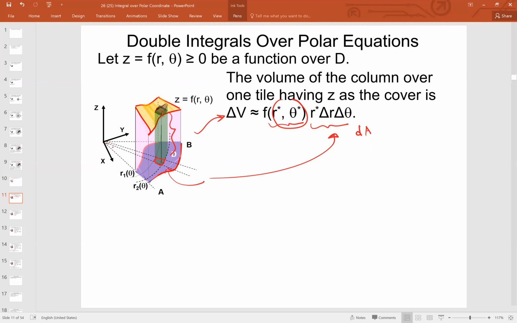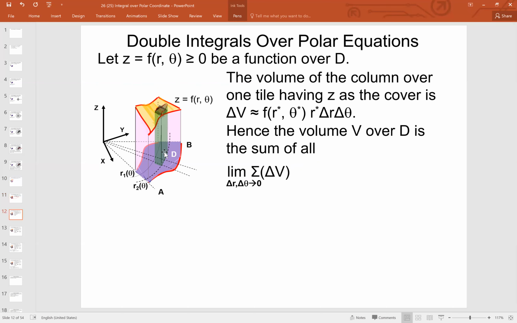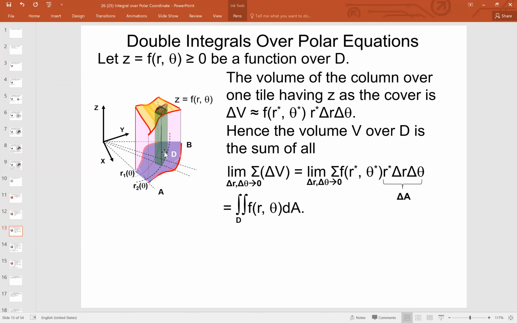That I want to add up, of course, over the partitions of the domain. So I have to calculate the column that sits over every one of these little pieces, and add up the volumes of all the columns. So in formula, it looks like that. And then I want to let d theta go to 0, then dr go to 0, becomes smaller and smaller, thinner and thinner, finer and finer columns in the calculations.